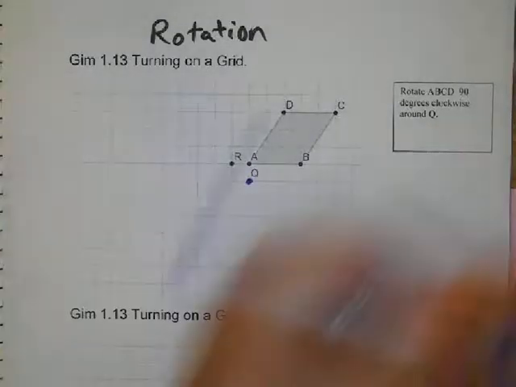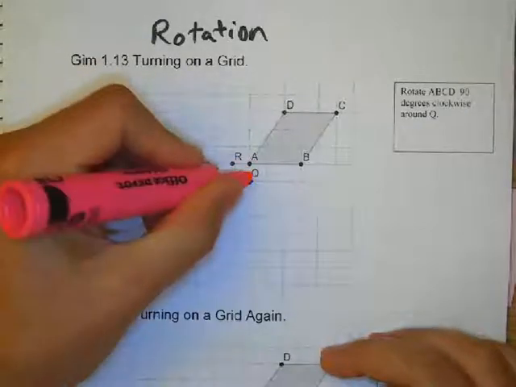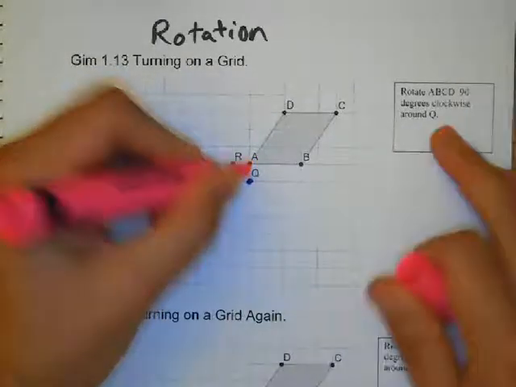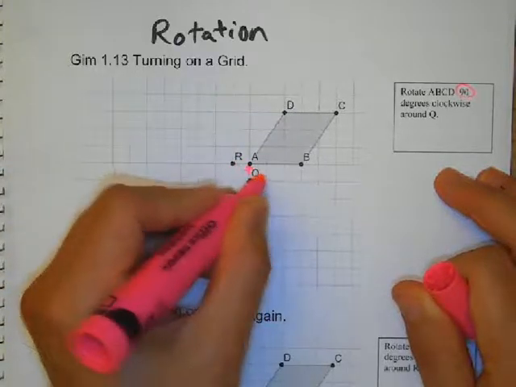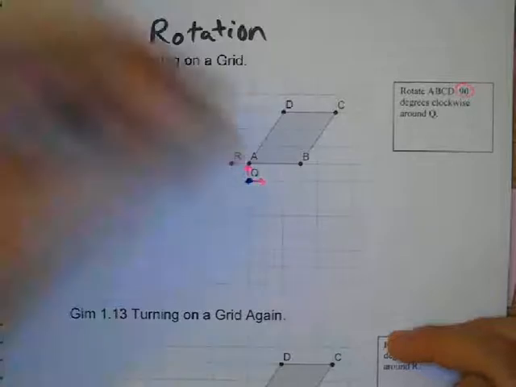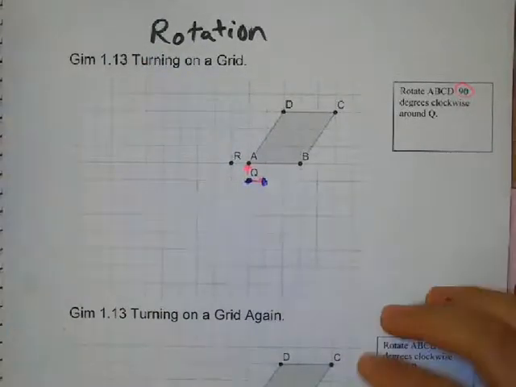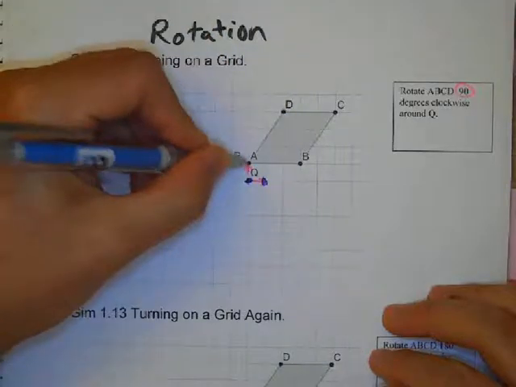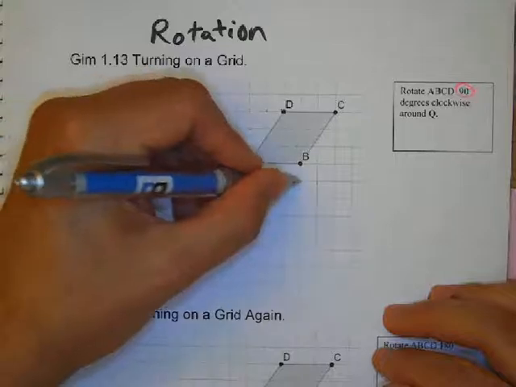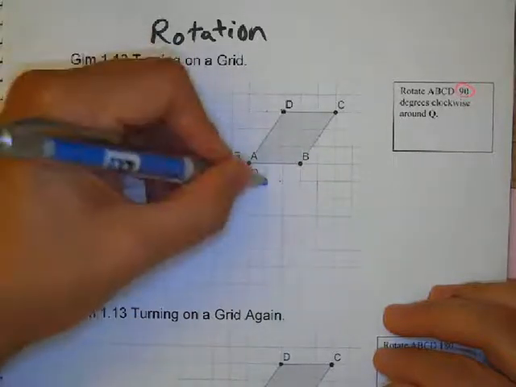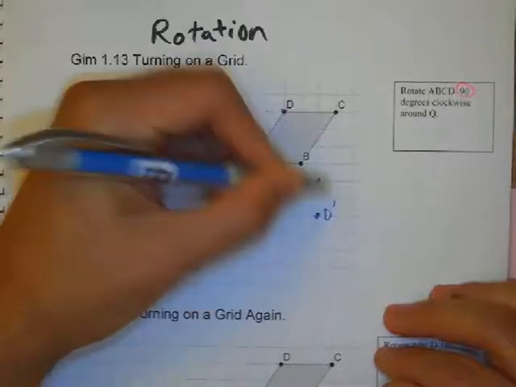Since we're going to rotate around point Q and we're going to rotate 90 degrees, if I'm going up 1, I'm going to go right 1. So my new point is going to be right there. Think about D: if I go up 1, 2, 3, 4 and over 2, I'm going to go this way 1, 2, 3, 4 and over 2, and there's going to be D prime.